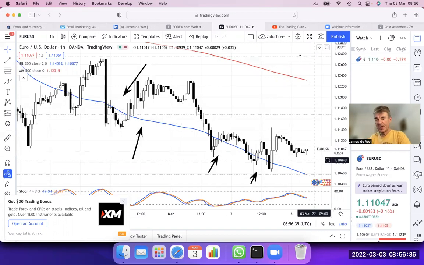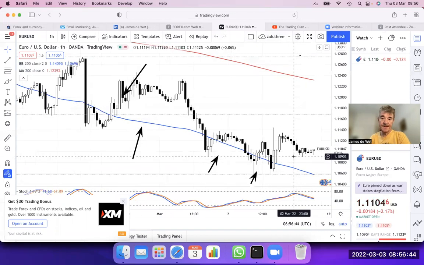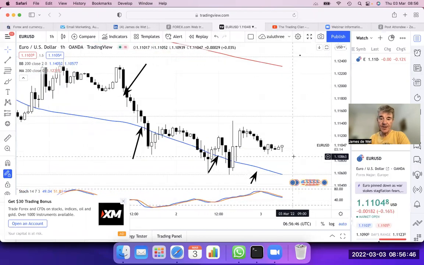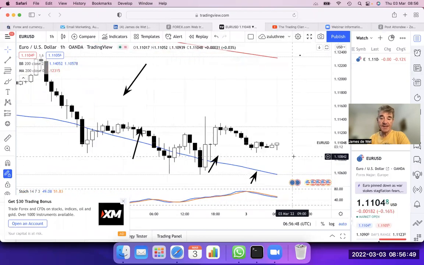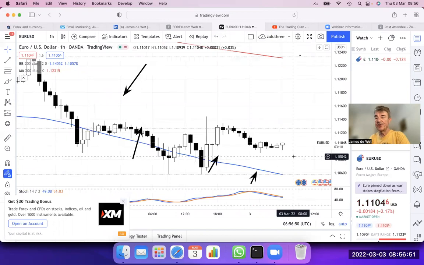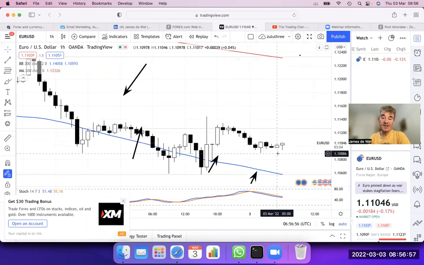So what I'm going to do is I'm going to put in a stop loss below this little area here where we've just bounced off. And if I just zoom in there, you can see we're actually moving up as I speak. We've got about two or 3 minutes to go before the end of this hour candle. And I want to put my stop loss super, super tight, just below the low of this candle over here.